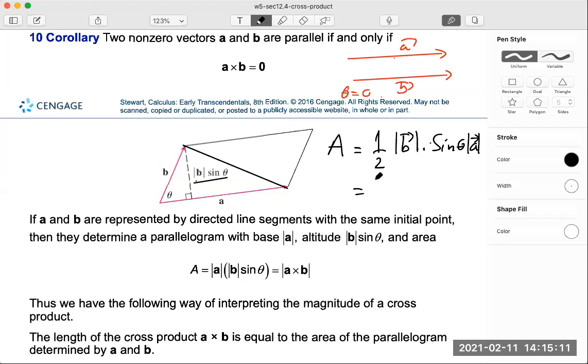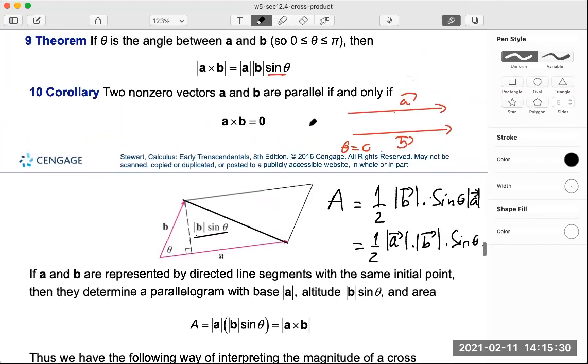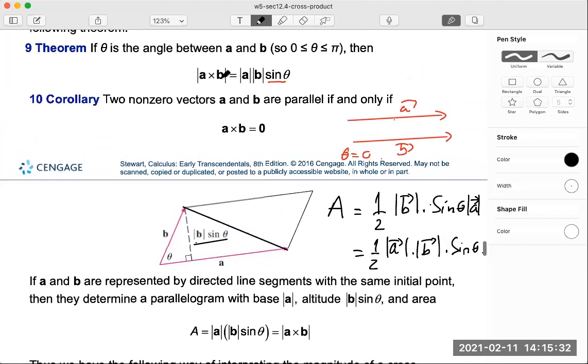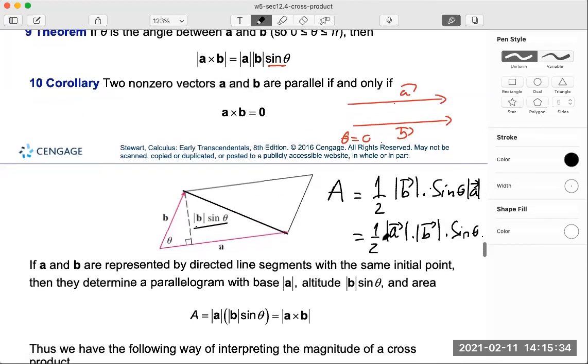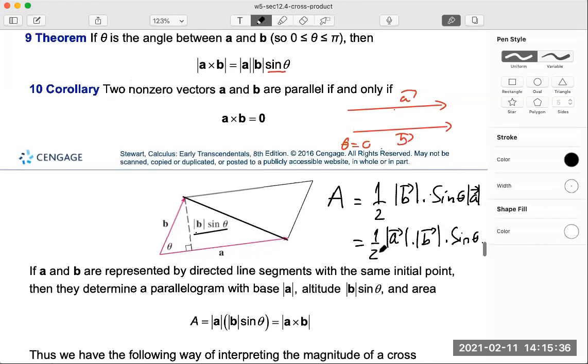Or let us rearrange it. It will be 1/2 of A, B, sine of theta here. Okay? If we write it this way, then from the theorem here, the area will be 1/2 of the magnitude of the cross product of vector A and vector B.